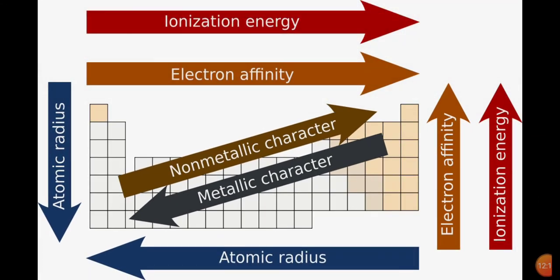In case of ionization energy and electron affinity, as we move from left to right, the ionization energy values as well as electron affinity values increase. And in case of atomic radius, as we move down in groups, the atomic radius value is increasing, and electron affinity values are decreasing.